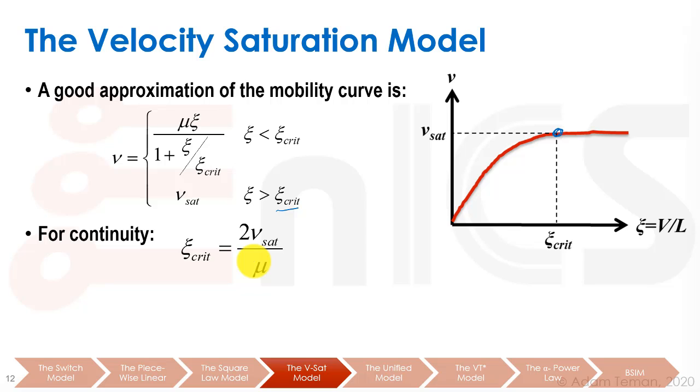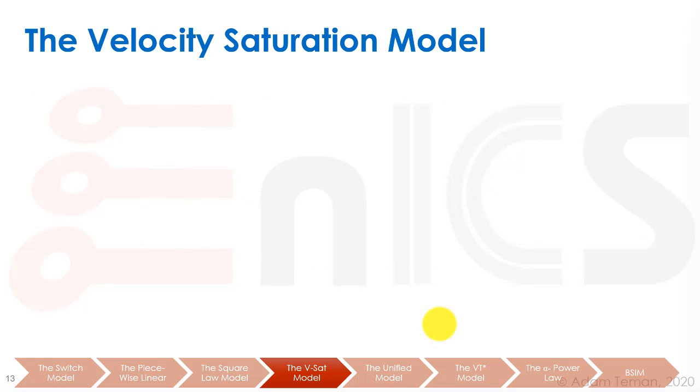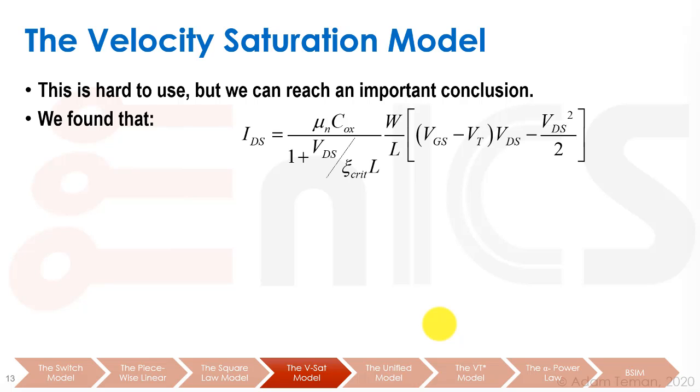If we now integrate, we get that IDS is similar to what we had before on the right side, but with a new type of transconductance on the left, proportional to L, the length of the transistor, which we didn't have before. It's kind of hard to use, but it brings us to an important conclusion. This was the expression we found before, with this ugly thing on the left side.